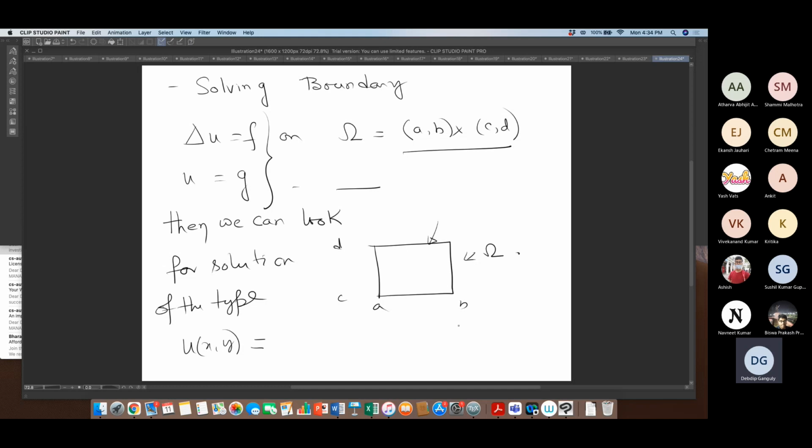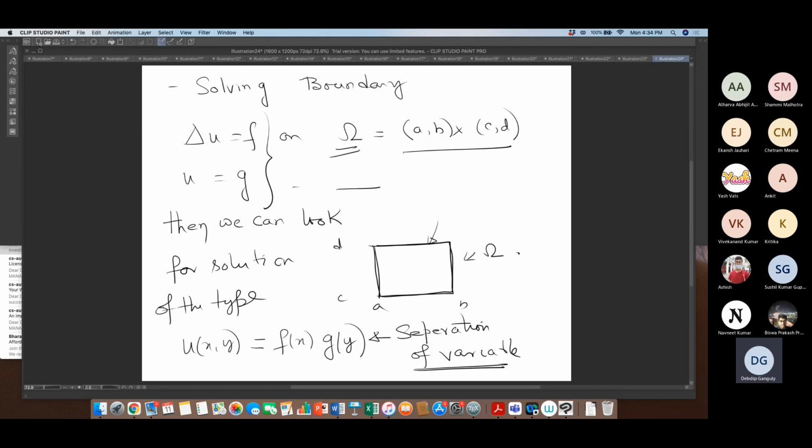Very natural: f(x) times g(y). Exactly. You have studied this, no? Separation of variables. We can separate because of the symmetry of the domain.